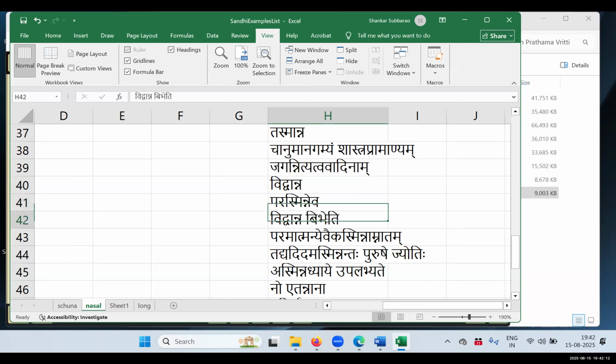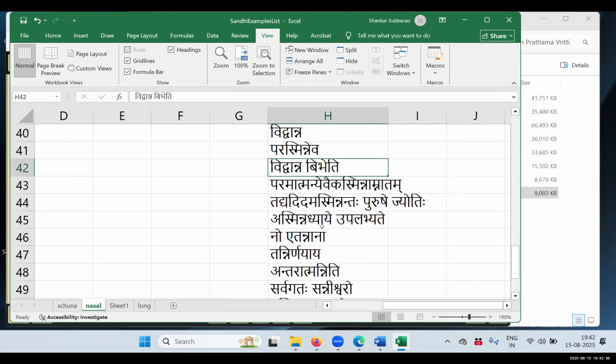Good. Vidwan na bibheti. What's happening? Harsha, you want to answer that? There is no sandhi, Swamiji. Vidwan na bibheti. Correct. No sandhi. Then asmin adhyaye upalabhyate.